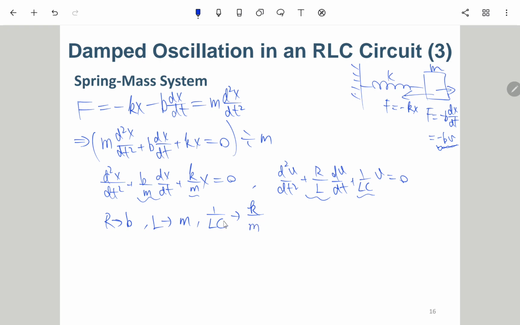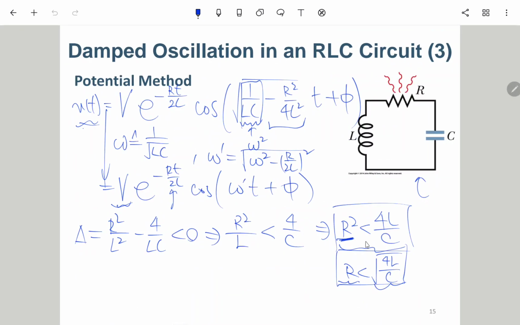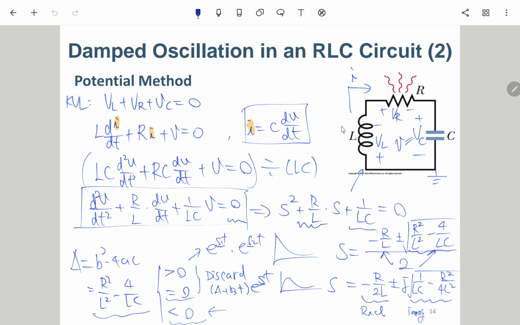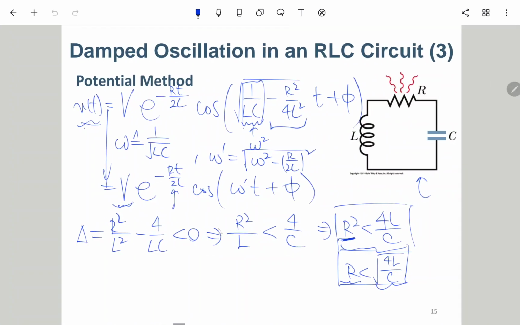This 1 over LC is k over m, this R refers to b, and L refers to m, so C refers to 1 over k. It means C is something like 1 over k. Just like here, we have all the equations for this RLC circuit.